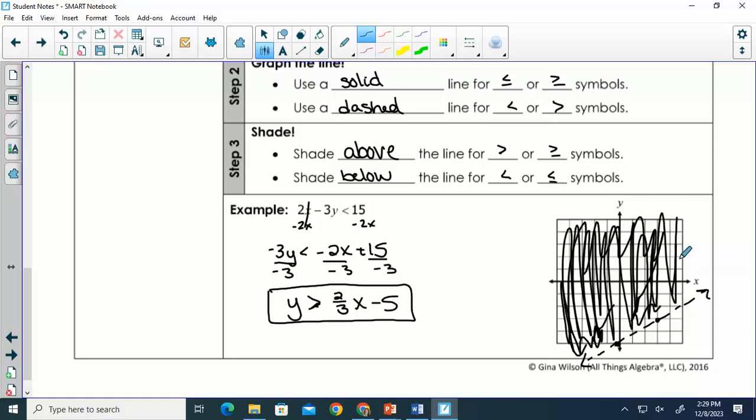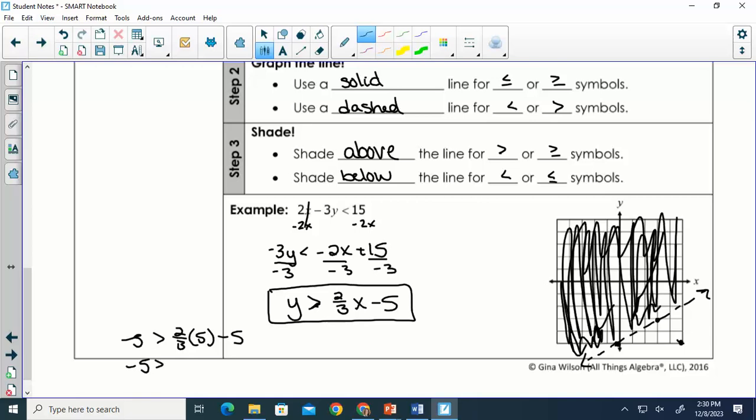If I took the point 5, negative 5, is that in my shaded region? No. If I put 5, negative 5 in here, so my y is negative 5. Okay, it's not pretty, but we get 10/3.